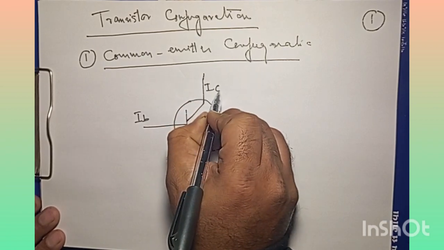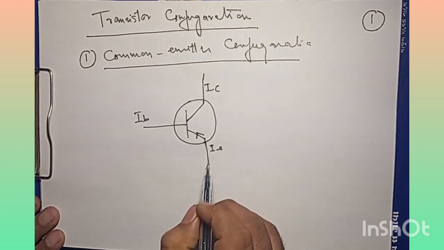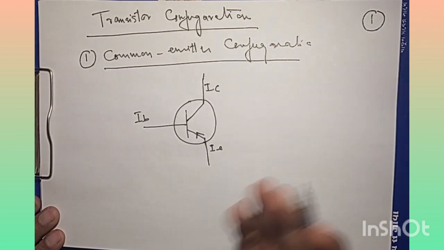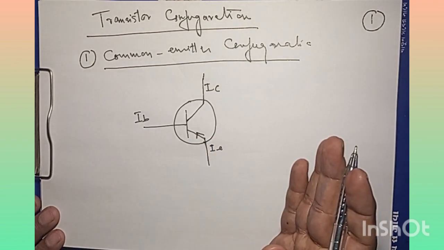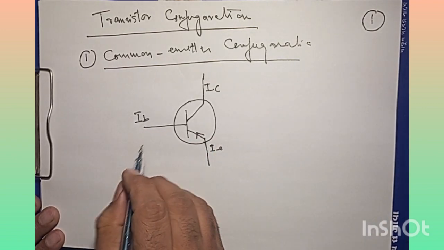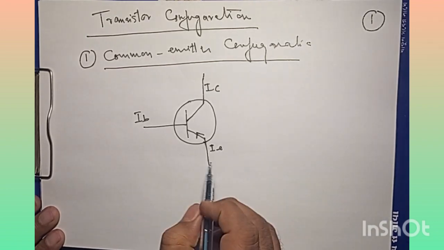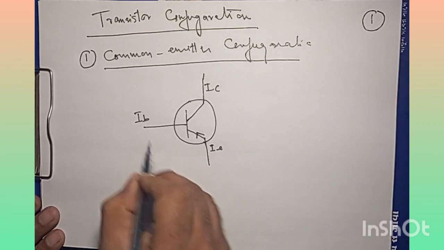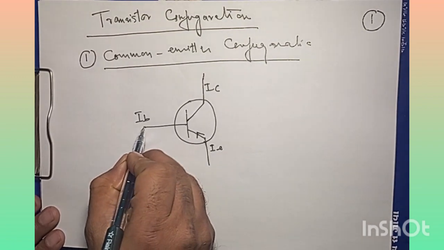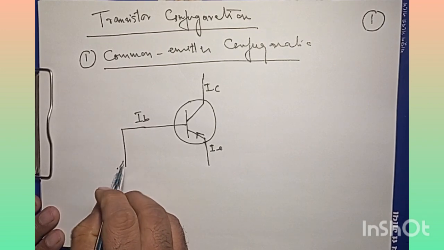The current here will be collector current. So now what is important in common emitter configuration, this emitter should bifurcate the input circuit and output circuit, right? In order to do that, the input circuit should be forward biased.